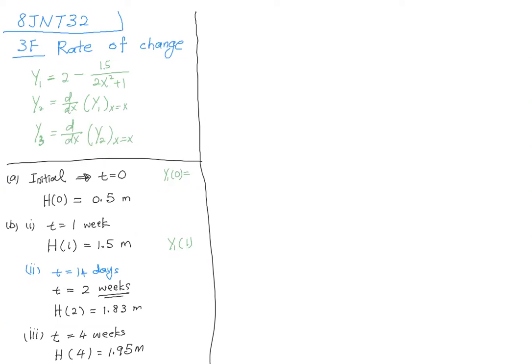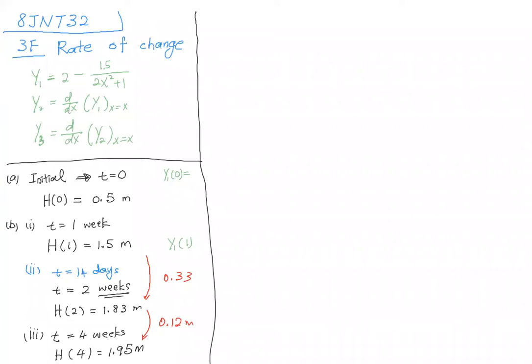But you see, between week 1 and week 2, the difference of the height is more, correct? They grow about 0.33. Between week 2 and week 4, the growth is only about 0.12 meter in 2 weeks.